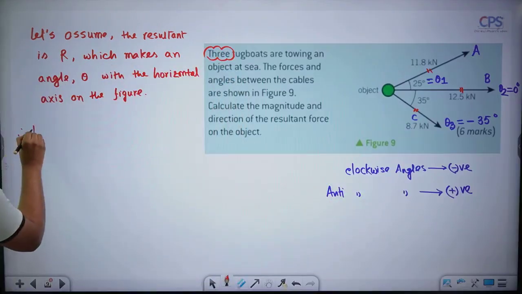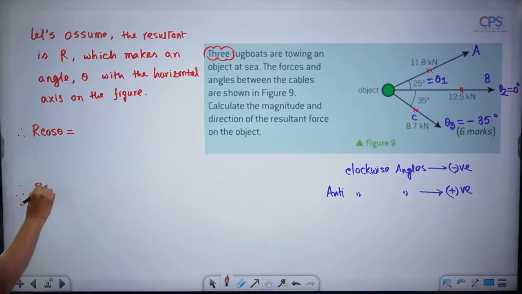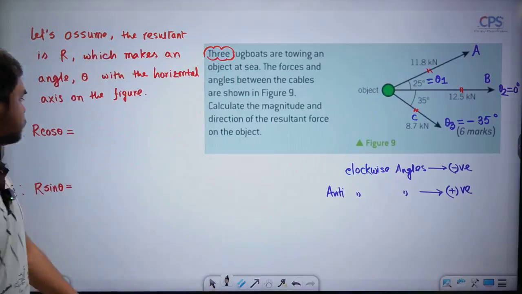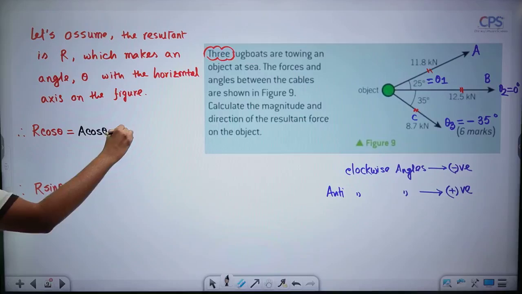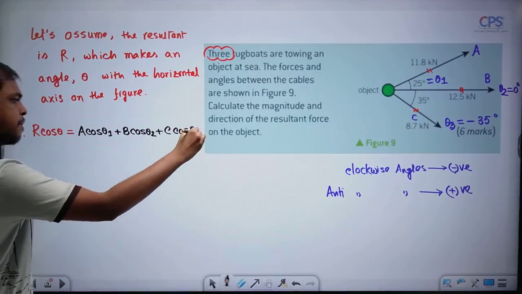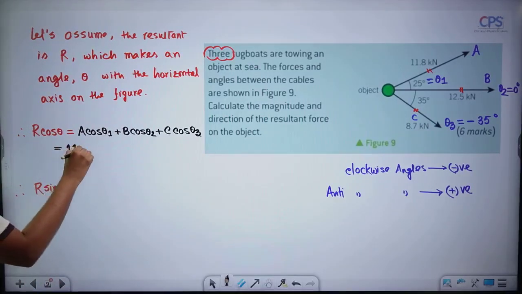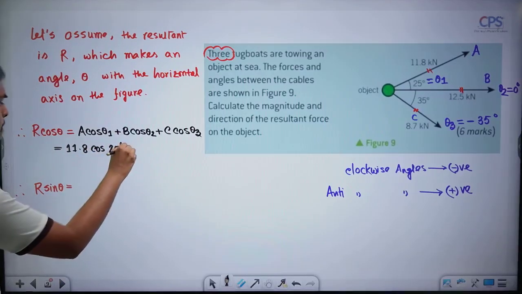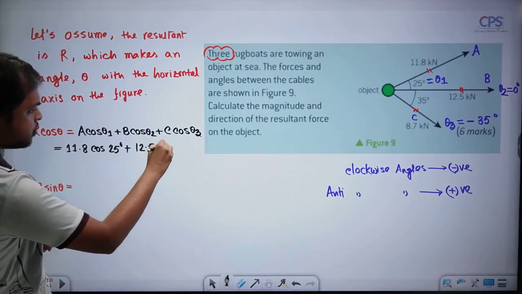So you get R cos theta and R sin theta as well. How do you carry this out? Very easy. A cos theta 1, B cos theta 2, C cos theta 3. So what is A? A is 11.8 cos 25 degrees. B is 12.5 cos 0 degrees.